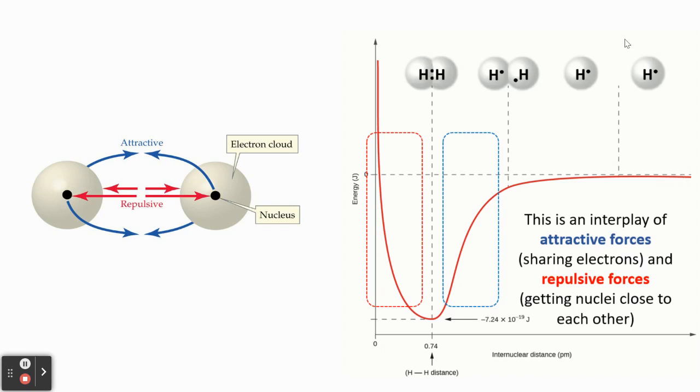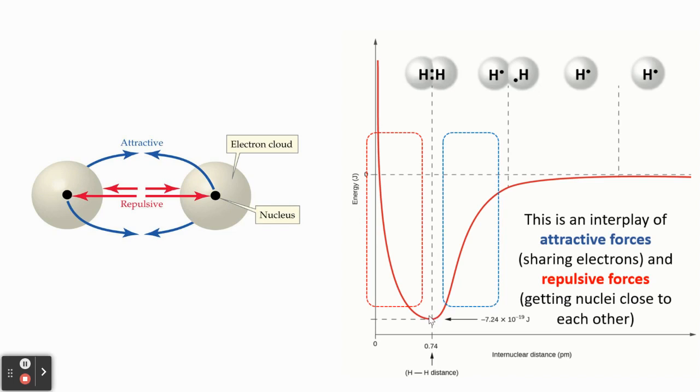If we were to have two hydrogen atoms that are sufficiently far apart, there's no attractive force between those hydrogen atoms. But as we move them closer together, the attractive forces begin to increase and the overall energy decreases. Eventually, we get to this low point here. This is the optimum distance, which maximizes the attractive forces and minimizes the repulsive forces.